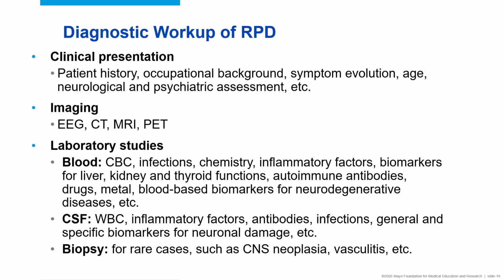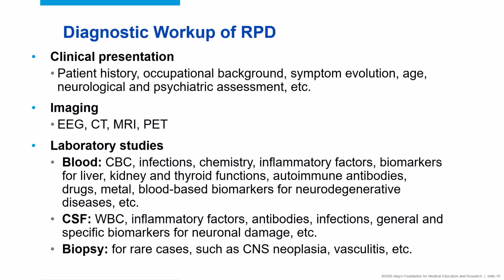And then laboratory studies: your basic labs, looking for infection, inflammatory markers, and other potential causes. Autoimmune neural antibodies is a big one, and then some of the blood-based biomarkers for neurodegenerative diseases like A-beta and tau for Alzheimer's disease. In CSF, we again look for inflammatory markers, antibodies, infection, and then general and specific biomarkers.